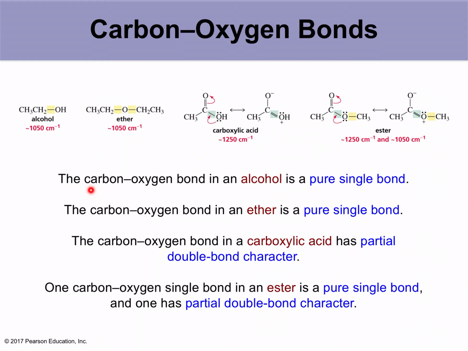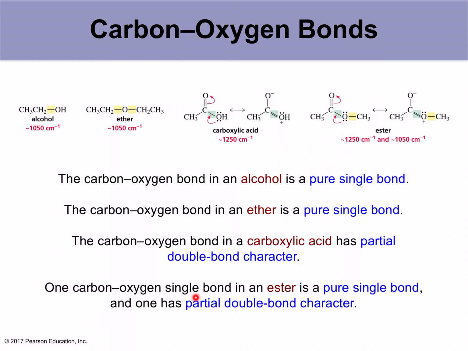Okay, so the carbon oxygen bond in an alcohol is a pure single bond, and the same for the ether, it's a pure single bond. Single bonds have a lower frequency. The carbon oxygen bond in a carboxylic acid has a partial double bond character, same with the ester carbon oxygen.